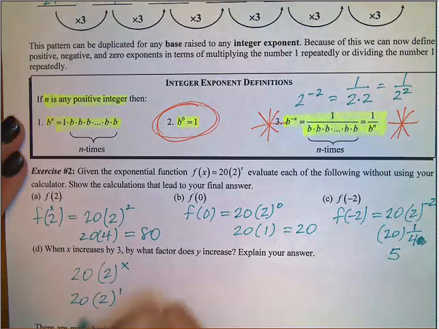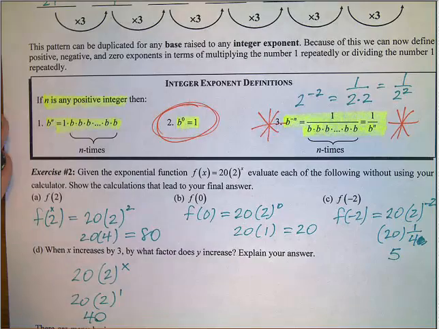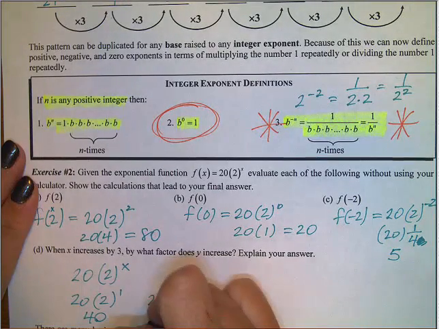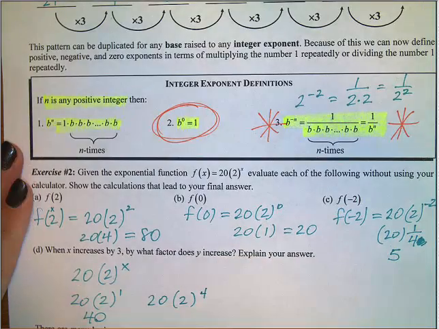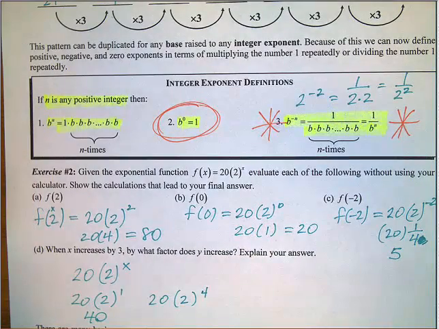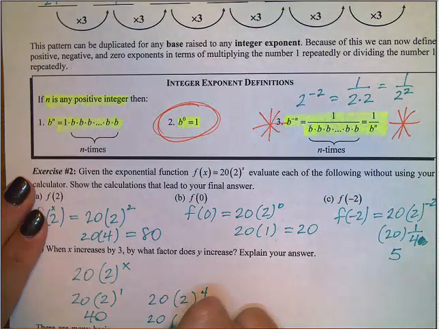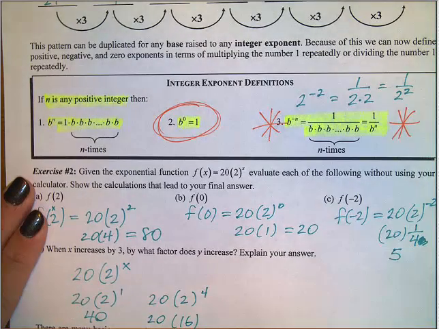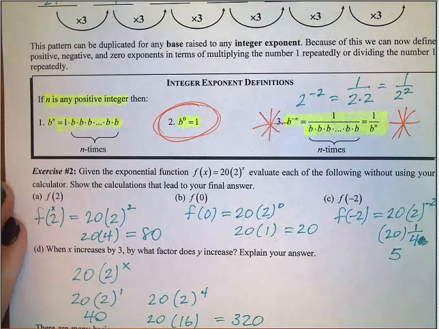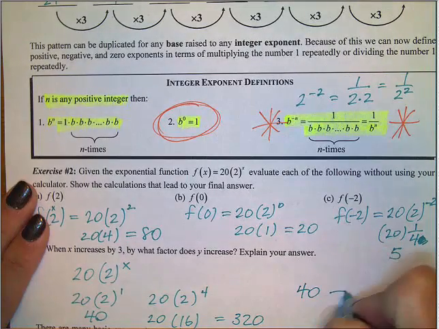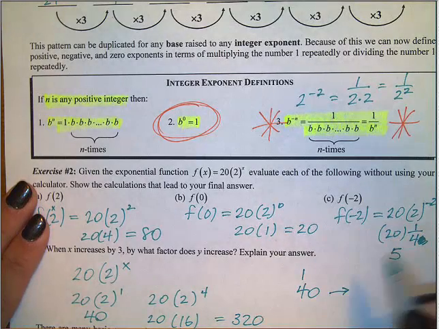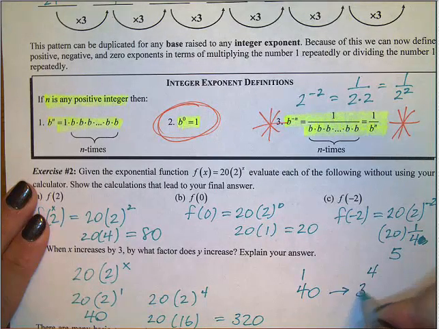That means I have 40. If I increase x by 3, that means I have 20 times 2 to the 4th. Well, 2 to the 4th is 2 times 2 is 4, times 2 is 8, times 2 is 16. So 20 times 16. Well, 2 times 16 is 32, so put the 0 on the end. So I went from 40 at 1 to 320 at 4.